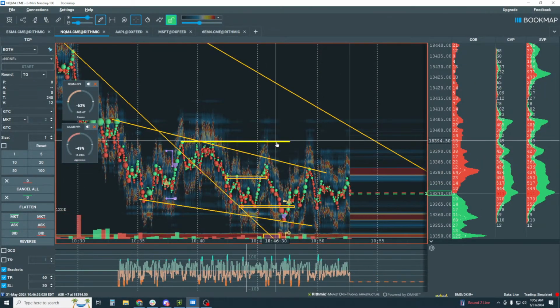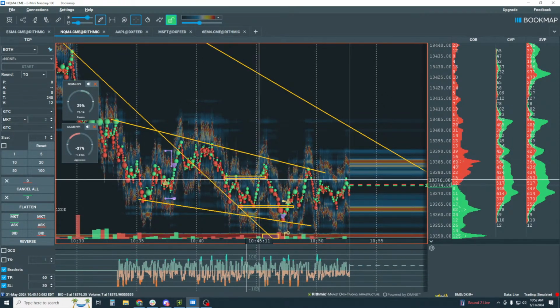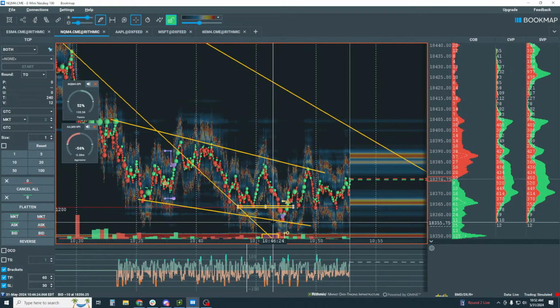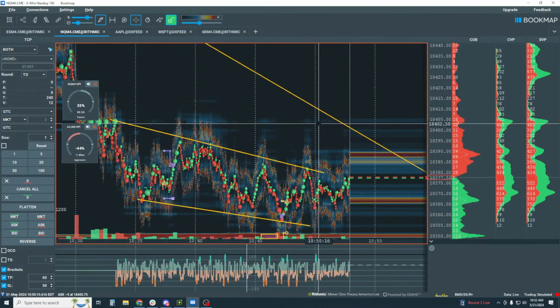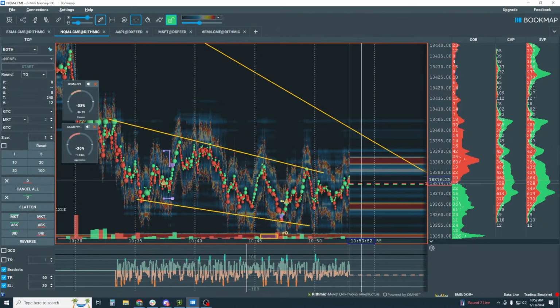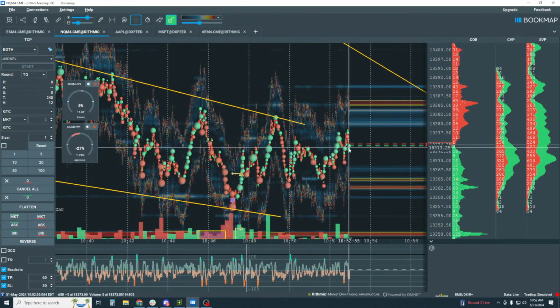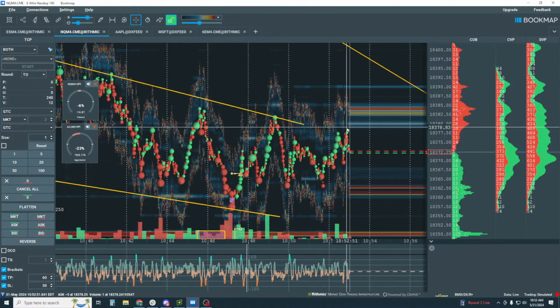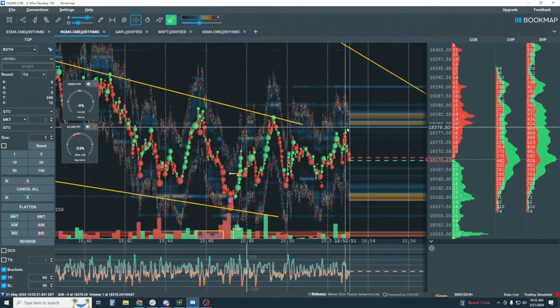Okay, let me get rid of some of these things on the chart here. So anyway, Rob, I know you were in the Academy meeting yesterday. Criteria.